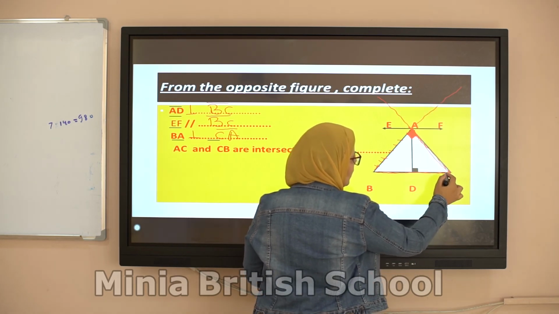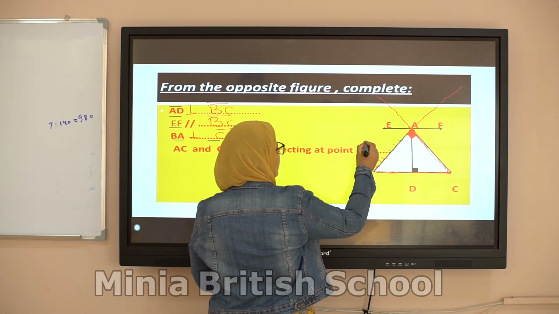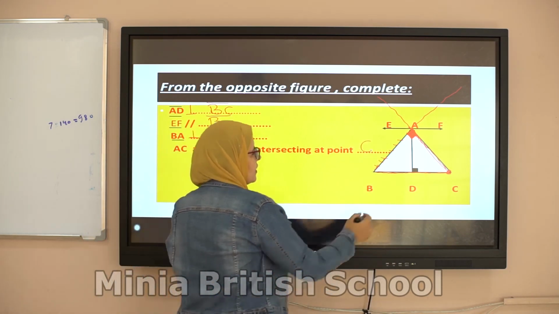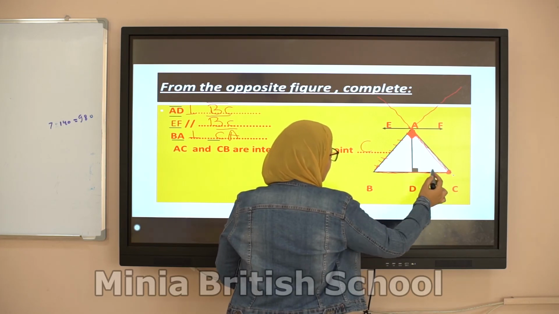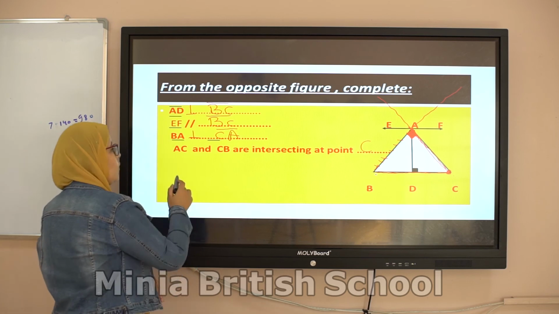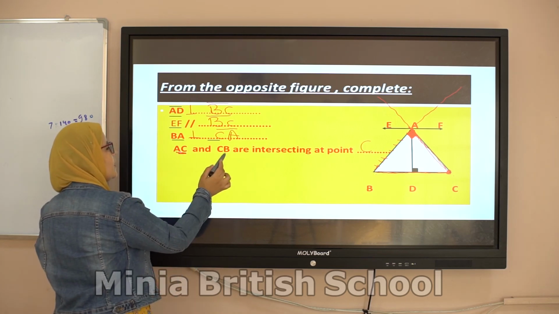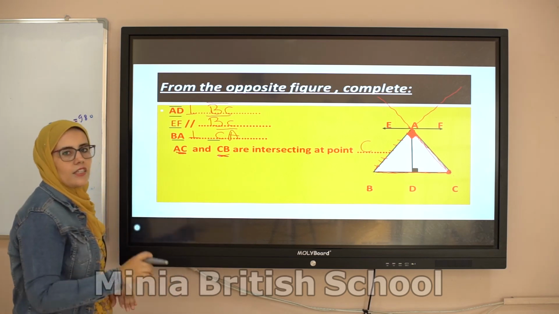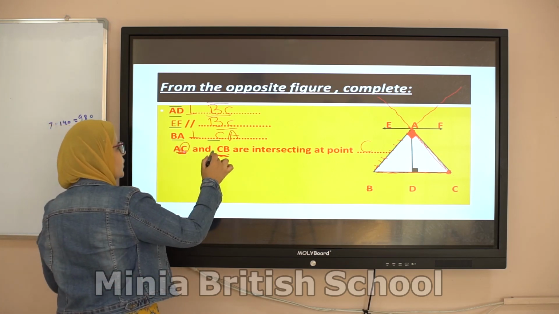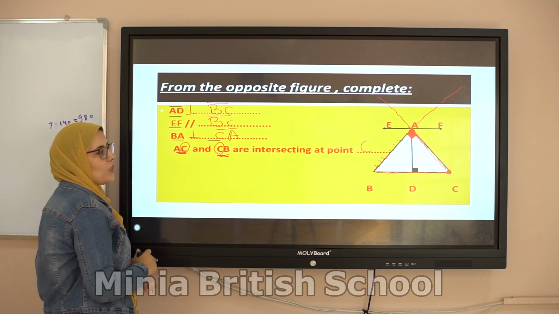This point is called what? Called C. So AC and CB meet in a point. This point is called C. Or from here, what is the common letter? The letter that is repeated. Here C and here C. So they will meet on C.